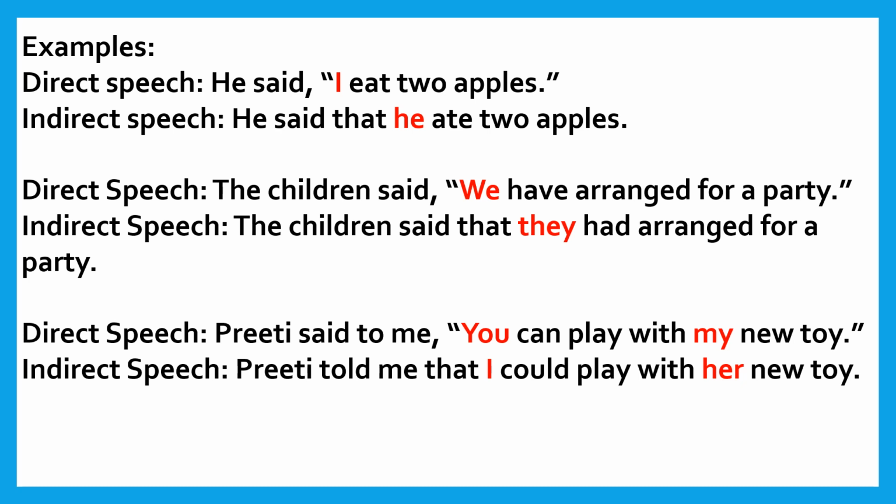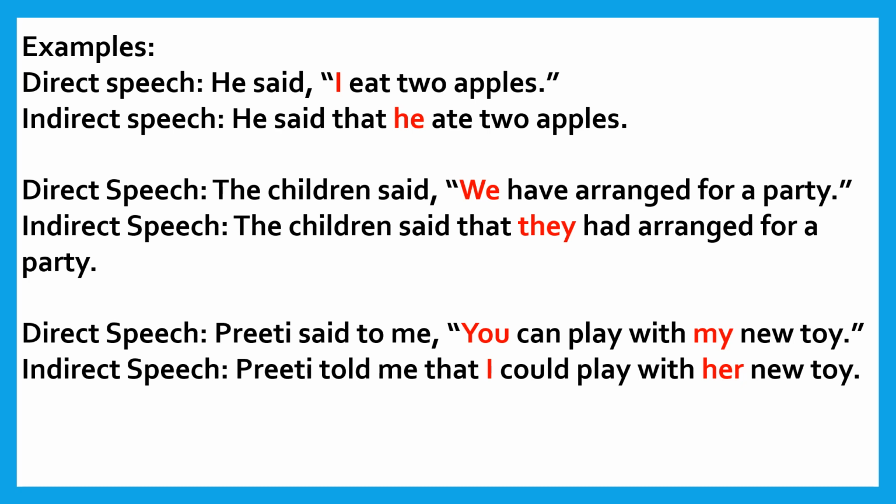The second example. The children said, "We have arranged for a party." Indirect speech: The children said that they had arranged for a party. The pronoun we in the direct speech changes to they in the indirect speech.